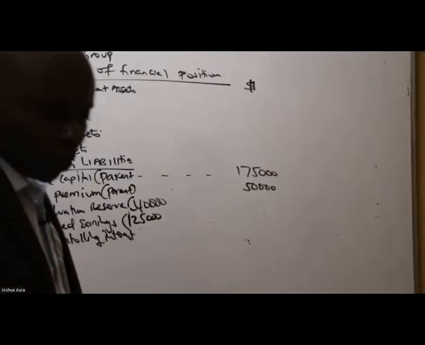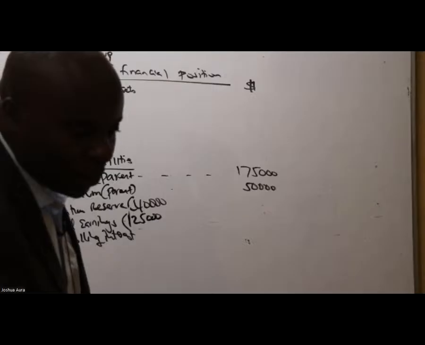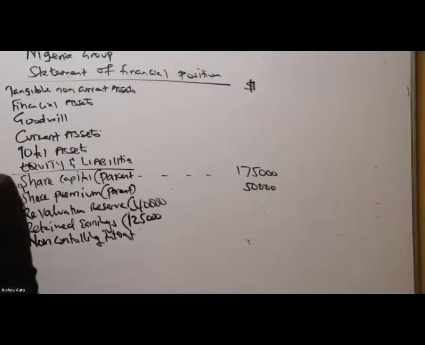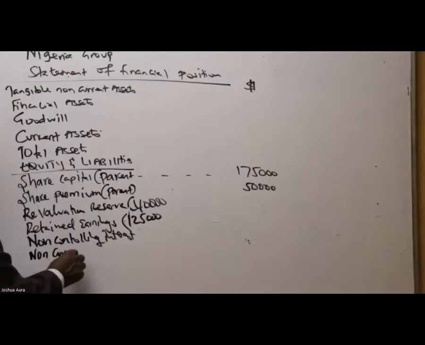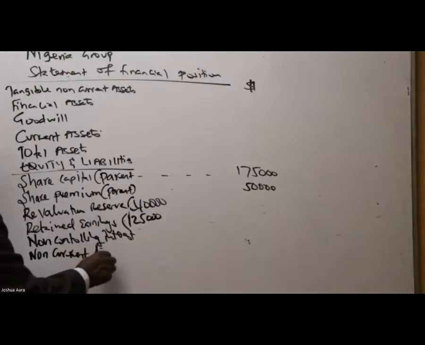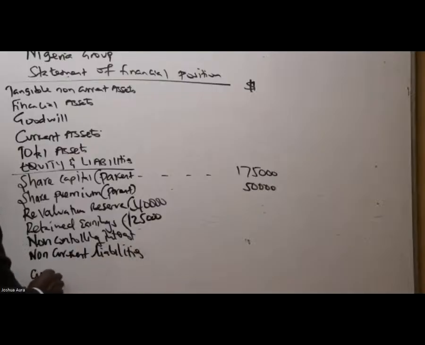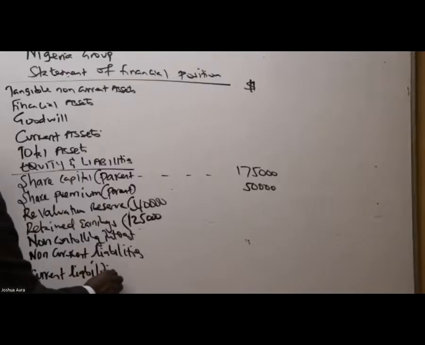So on liabilities, ladies and gentlemen, we have the non-current liabilities, and then we have the current liabilities. Later on, I'll be bringing in the concept of a foreign exchange reserve, but let's do without it for now.